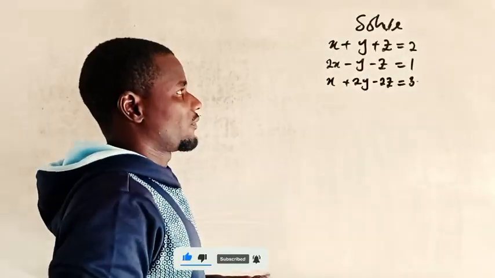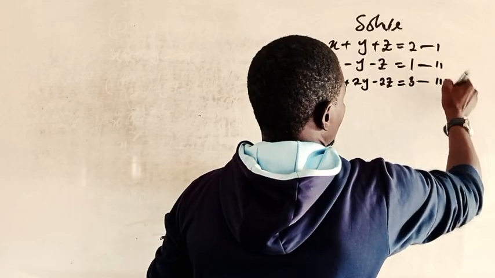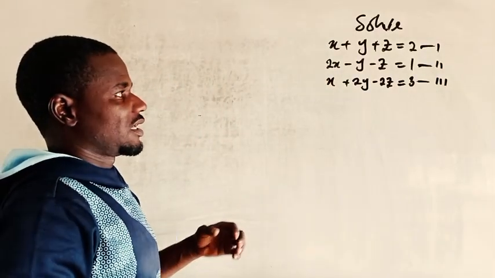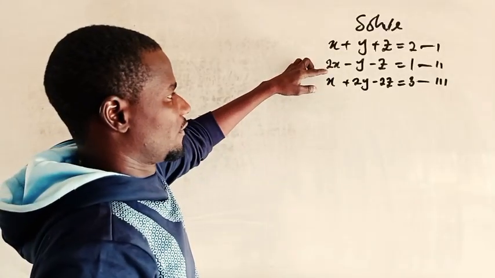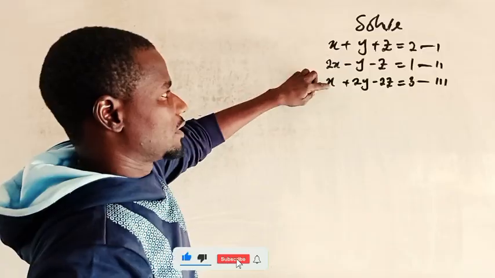Now firstly, remember this is equation 1, this should be equation 2, and this should be equation 3. Now I'm going to use this equation to reduce this, then I'll also use this to reduce this.